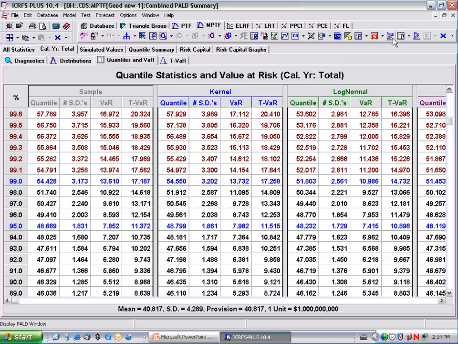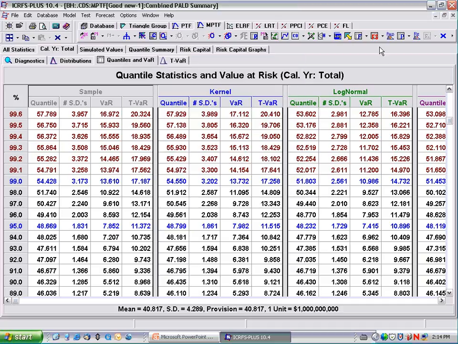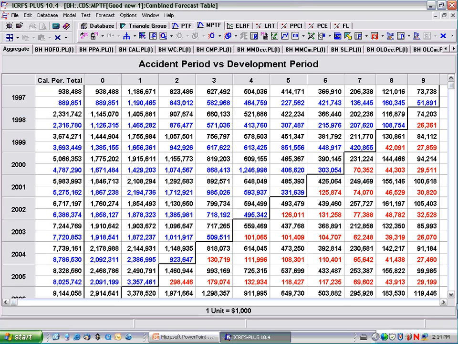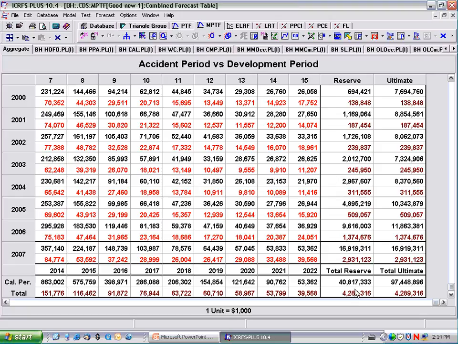Let me just check which simulation we did. We actually did a simulation for the combined. It doesn't matter, it still illustrates the same ideas. That's also the next underwriting year. If you look at the table for the next underwriting year, it includes the combined table or combined summary. If you go to the aggregate, we're looking at 40.8 billion.